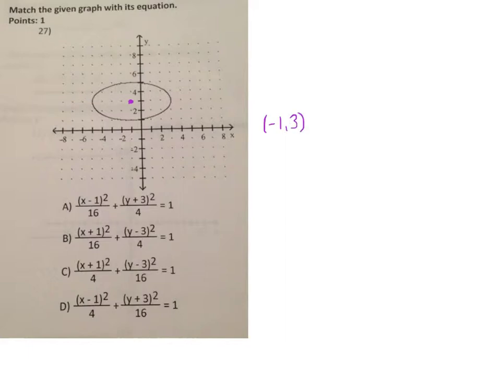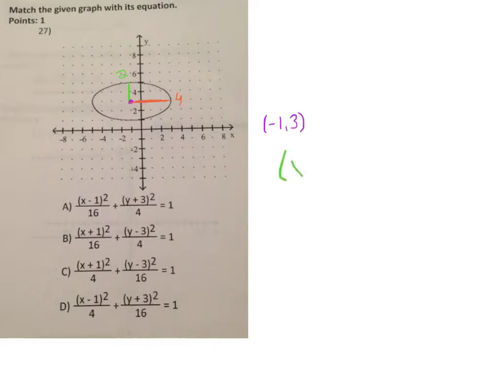We also need to look at how far the graph goes left and right, and up and down. Left and right, it looks like that's 4. Up and down, it looks like is 2. And so we can put all that together into a standard form.